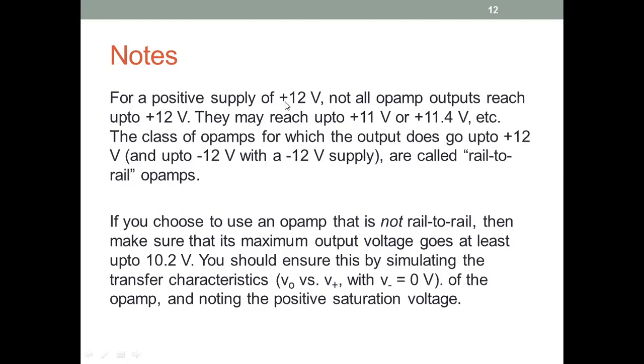So rail to rail means that for a positive supply of plus 12, the output will go to plus 12. And for a negative supply of minus 12, the output will go to minus 12 volts. So either you can choose an op-amp that goes up to 10.2, or you just look for a rail to rail op-amp. Then automatically it will go up to plus 12 volts, and that will be sufficient.